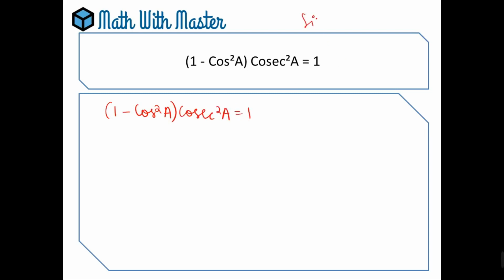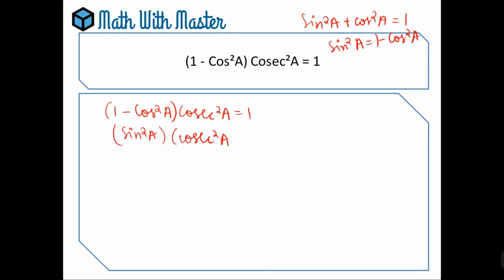Now sin square A plus cos square A is equal to 1, then sin square A is equal to 1 minus cos square A. So we can replace 1 minus cos square A by sin square A. So sin square A multiplied by cosec square A is equal to 1.